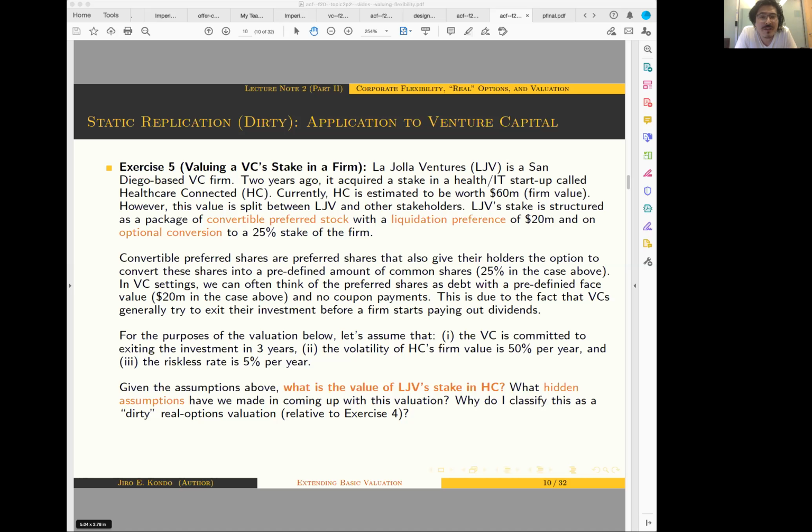By the way, this is the first thing that makes this example dirty, because HC as a whole, as a combined entity, is going to be the underlying in our example. It's going to be the underlying asset. And so the underlying asset in this example is not traded. Notice, what was the underlying asset in our oil lease example?